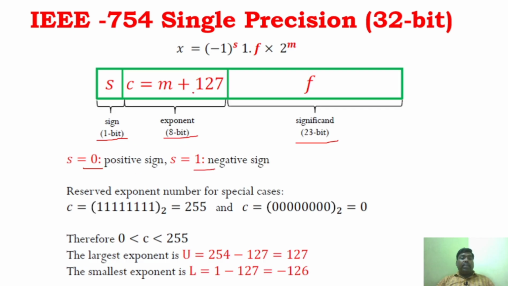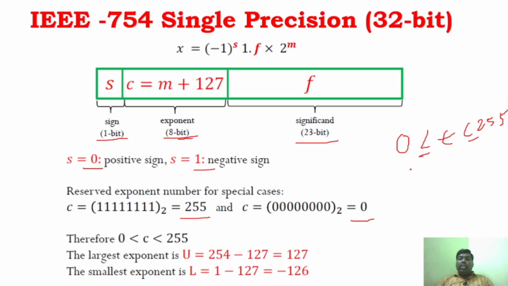If all 8 exponent bits are 1, the value will be 255, and if everything is 0, it will be 0. So the range is 0 to 255 for single precision.